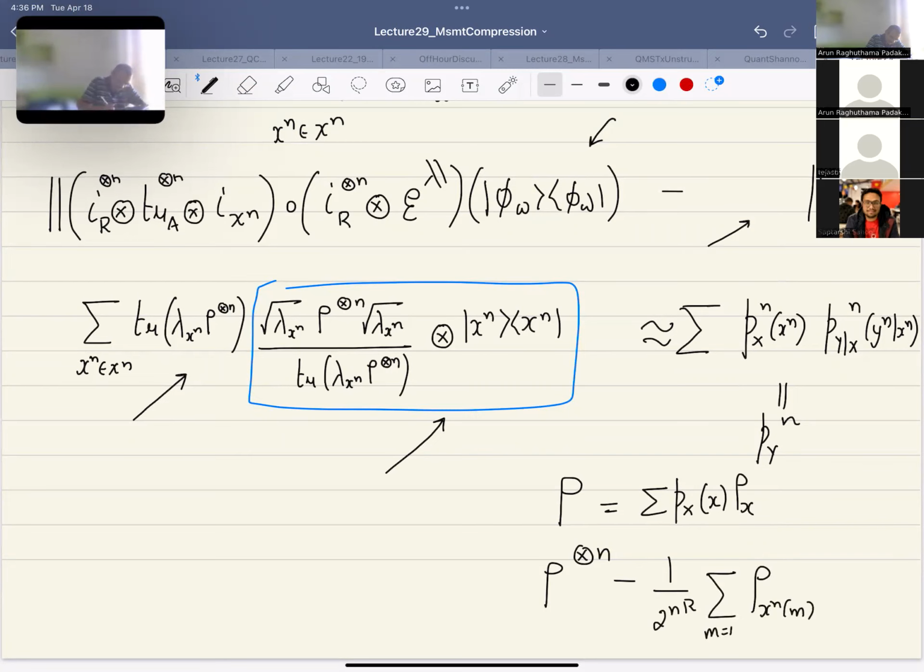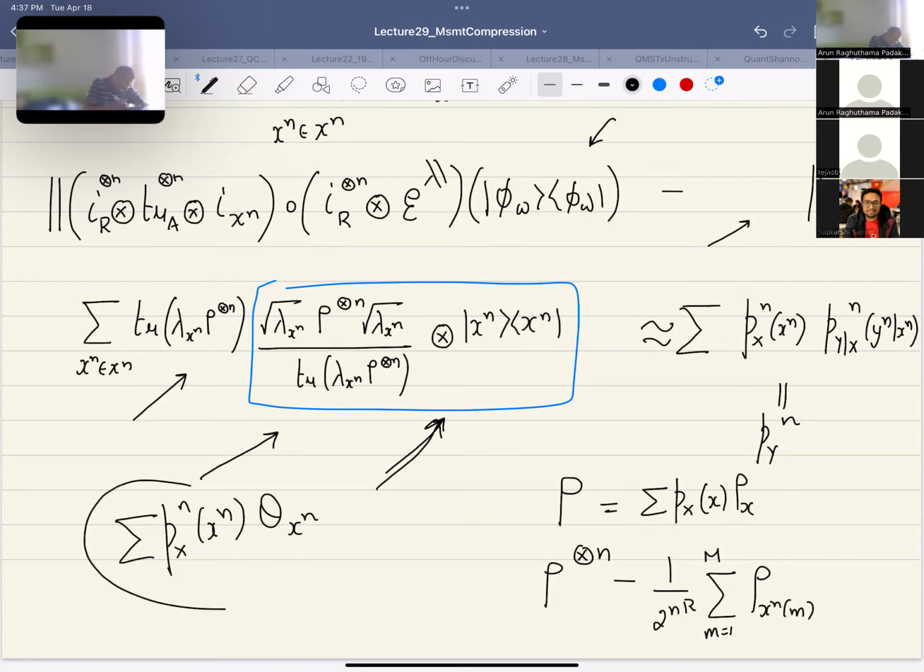M equal to 1 through capital M. I'm trying to give you that sense here. So the left-hand side is a mixture of quantum states. Okay, so it is a mixture of quantum states. So you can think of it as like this: Pxn of xn, some theta xn. Okay, so you can think of the left-hand side as rho tensor n.